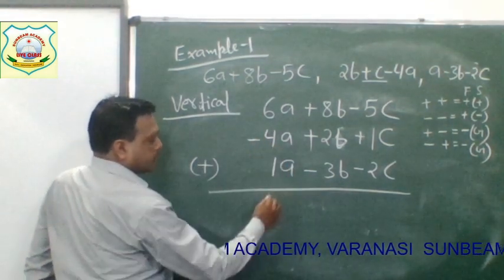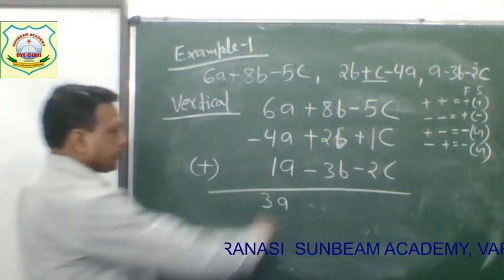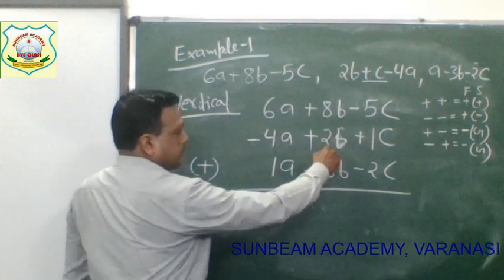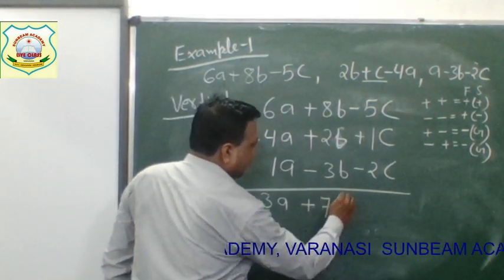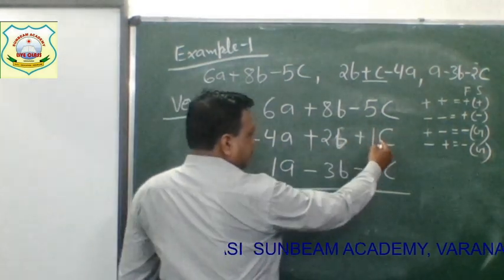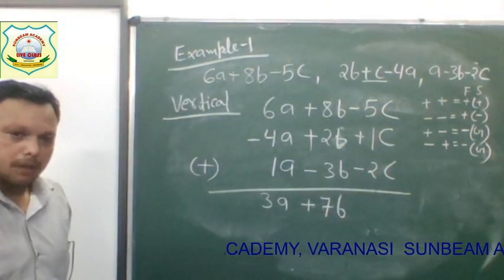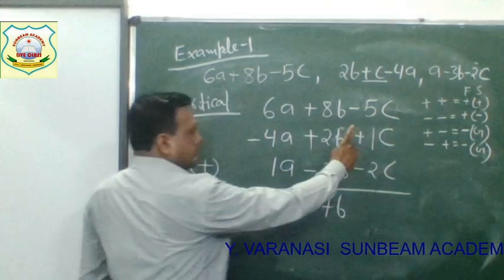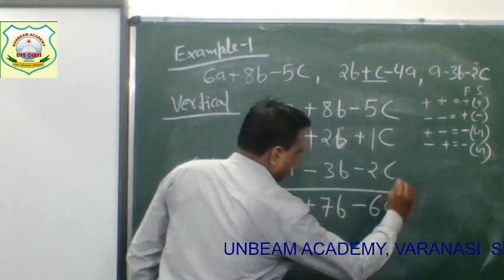So 7 minus 4, that is 3a, in plus. Plus and plus: 8 plus 2 is 10b, 10 minus 3, then plus 7b. Here also it depends on the greater value. 1 plus 1 minus 5 minus 2c: minus 5 minus 2 is minus 7, minus 7c and plus 1c. Minus 7 plus 1 is minus 6c.